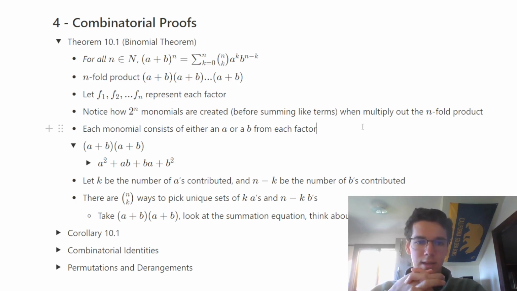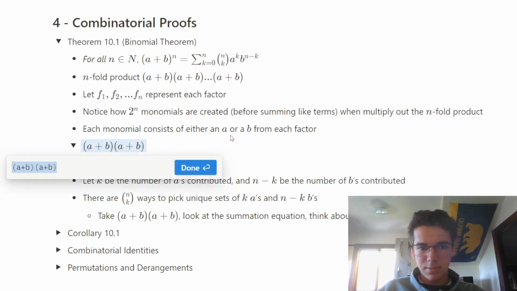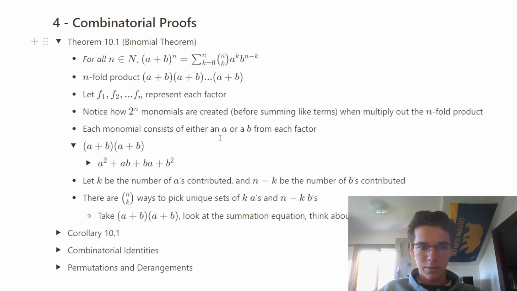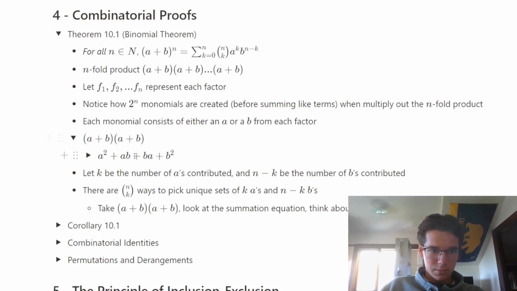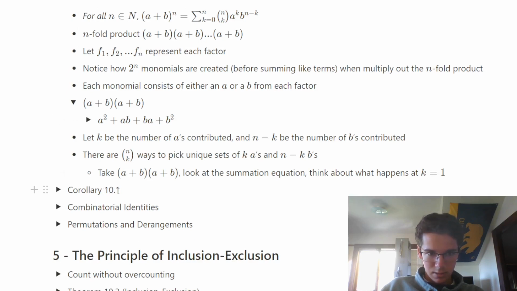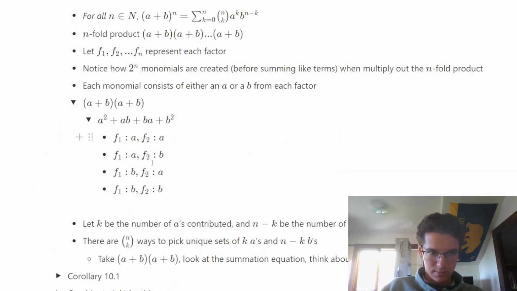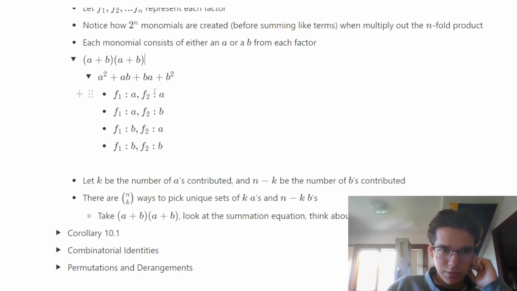And this is evident in this example. If you think about FOIL, first, outer, inner, last, each factor is going to contribute one a or one b. So for factor 1, the first factor contributed an a, the second factor contributed an a.